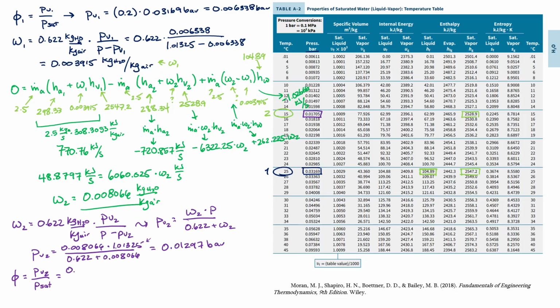So I have 0.01297 bar divided by 0.01705 bar, which is going to give me a value of 0.76078 or 76.08%.